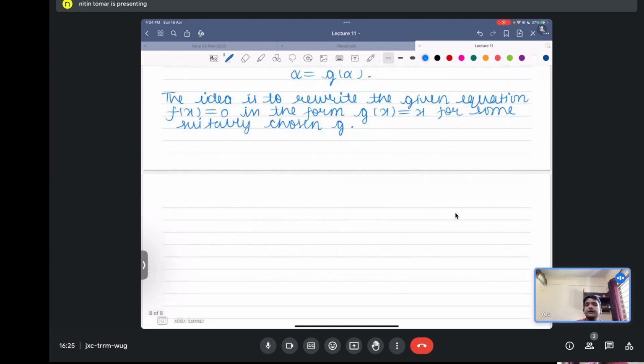In general, there can be more than one choice of such g, as we will see in the following examples.